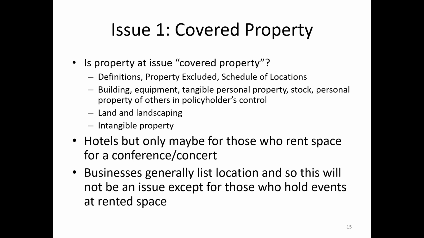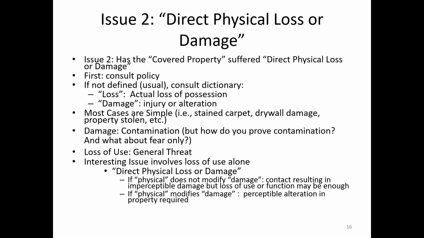And then for all the other businesses that were shut down by the stay-at-home order, I don't think this is going to be an issue because they would generally list their locations for which they use the space. So then, if you have a loss of covered property, which most of the time you will in this situation, has the covered property suffered direct physical loss of or damage to that covered property?